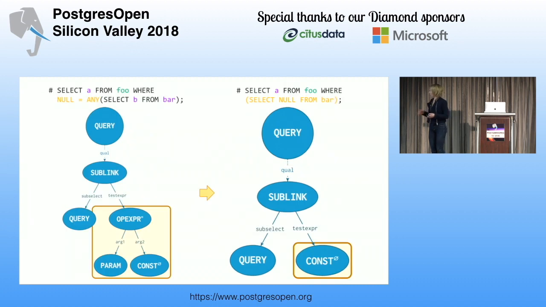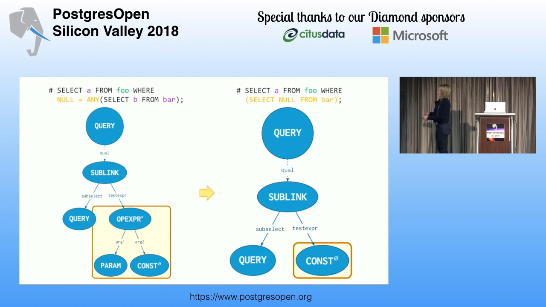So now what I called pre-processing before here. It's not like we don't do anything smart right now. We do pre-process and constant fold the op expression into a constant null. But the sublink node remains.